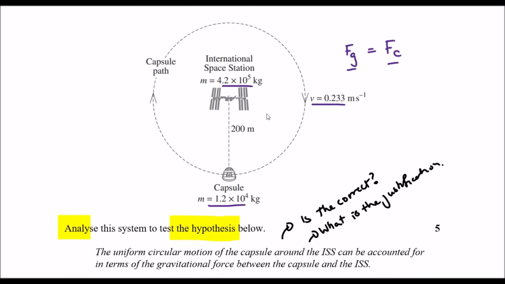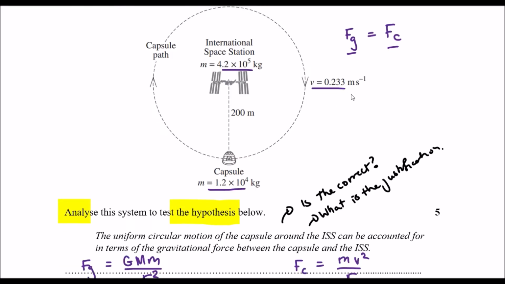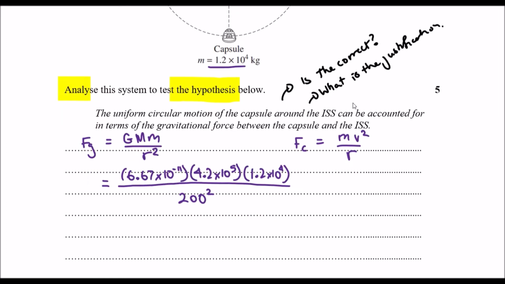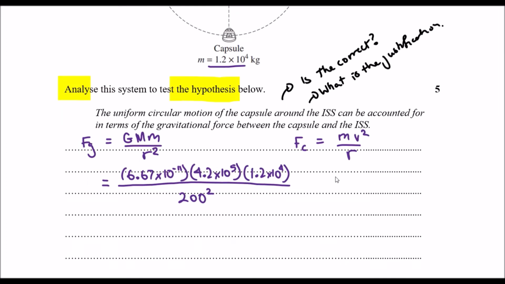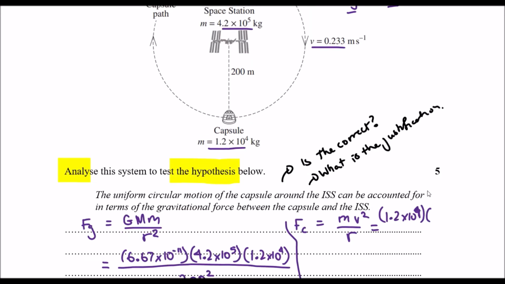So mass is in kilograms, distance is in meters, velocity is in meters per second. Just because that can fuddle around with our numbers if we don't have the correct notations. So we have a mass of 1.2 times 10 to the power 4. And then the velocity of 0.233 squared over the radius of 200.